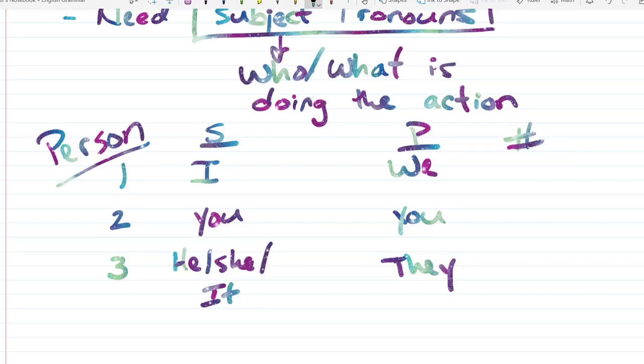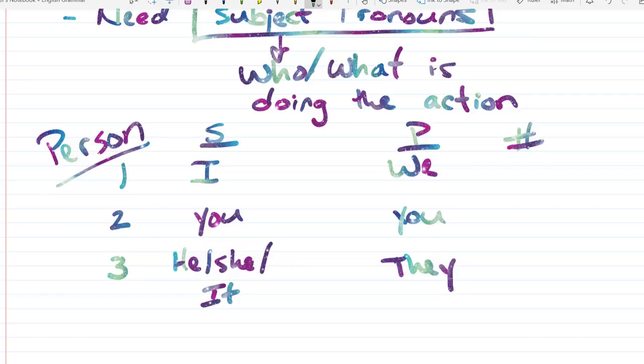So if I am doing the speaking, and I'm talking about myself, as I am right now, then we would use I. I'm talking in the first person, right? But if I am speaking, and I'm saying that you are watching the video, well, then it goes to you, and that's second person, because I, the first person, am talking about you directly, someone directly in that conversation.